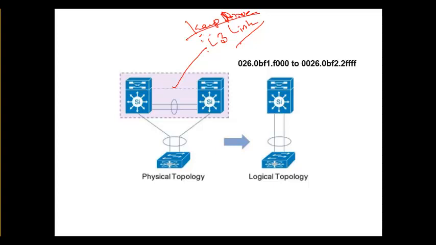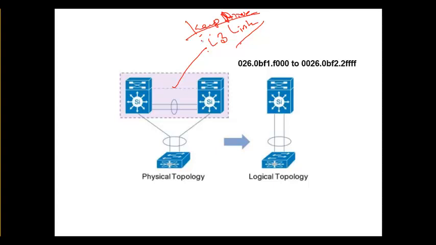You know that, right? On router interfaces, keep alive packets are sent. BGP sends keep alive. So definitely it should be a layer 3 link.